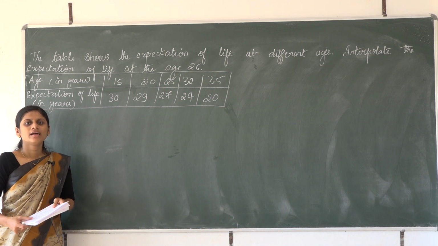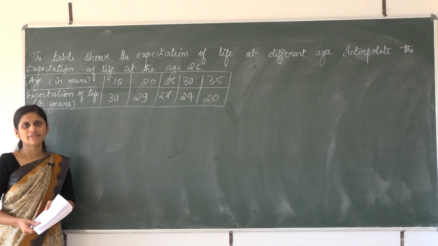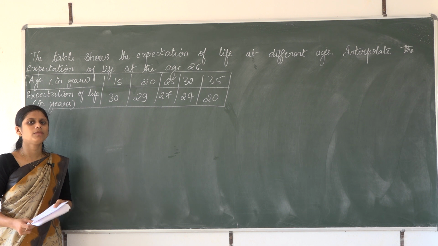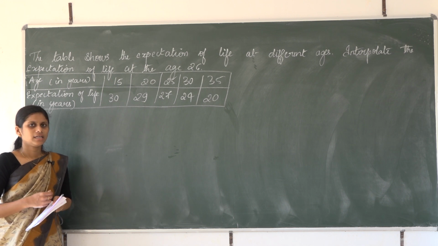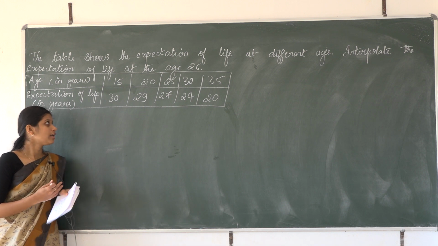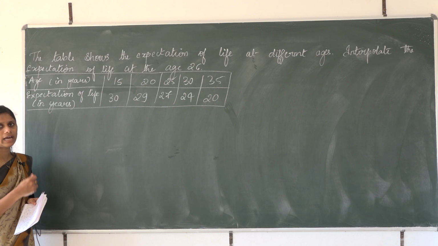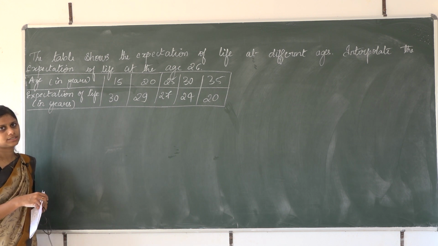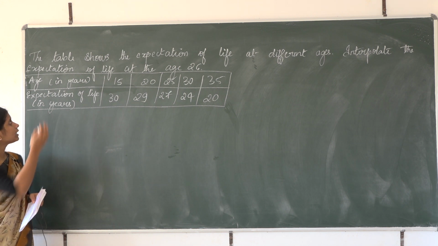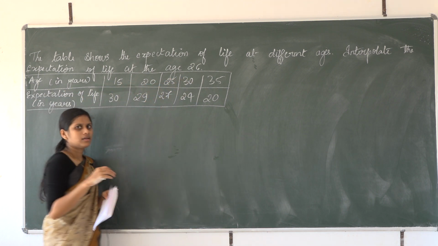Students, in the last class we were discussing Newton's advancing difference method of interpolation, and we have solved one problem under that method. In today's class we will solve some more problems under that method. The problem is: the table shows the expectation of life at different ages. Interpolate the expectation of life at the age 26.